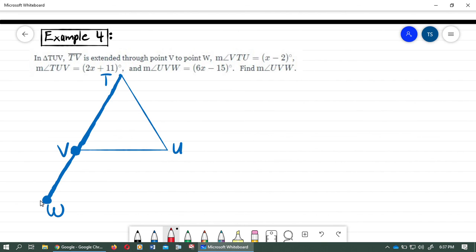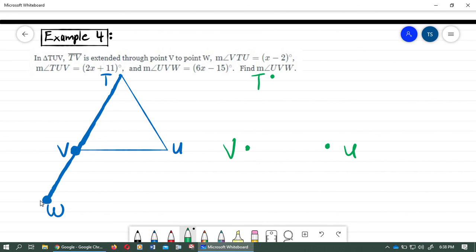Alrighty, so now they said that the measure of angle VTU. So, folks, if you are not good at identifying angles, what I suggest is that you literally follow along those three angles. VTU, angle VTU.